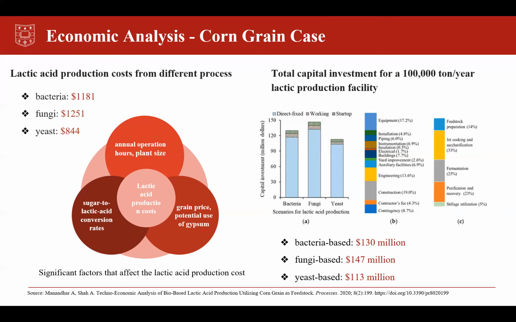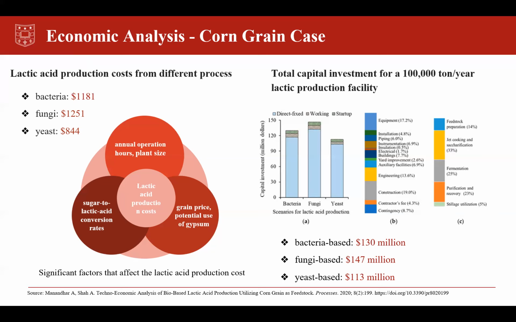Raw materials cost for the yeast-based pathway was lower than the bacteria and fungi-based pathways, since it didn't require chemicals such as lime to neutralize the lactic acid during the fermentation, and sulfuric acid and water to recover the lactic acid from the neutralized solution.